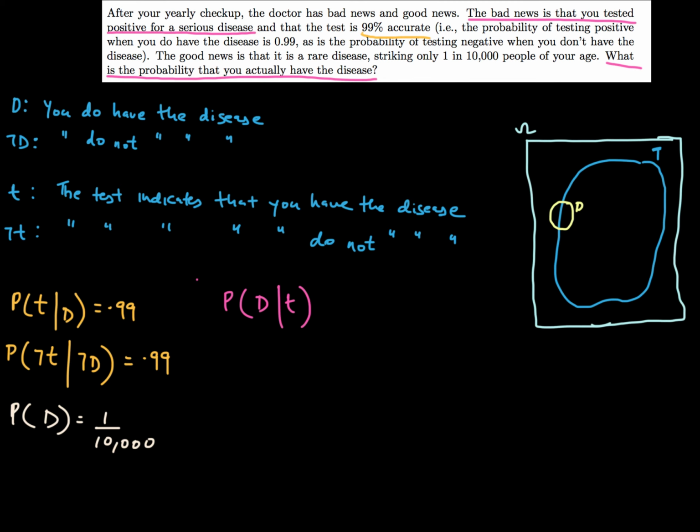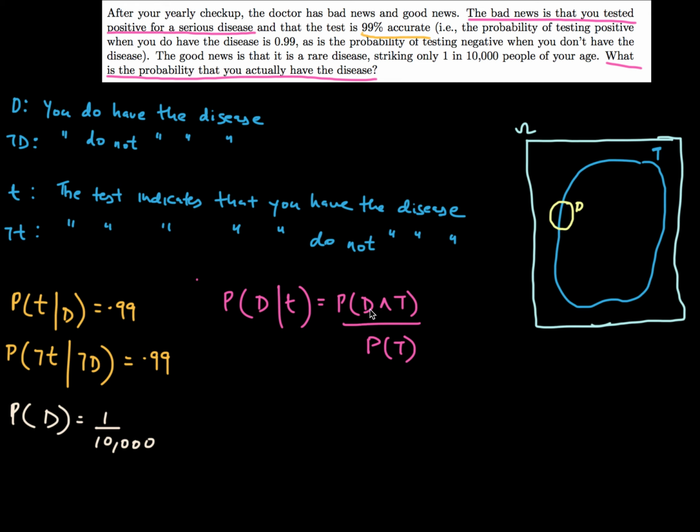Now, what is this entire piece equal to? From lecture, we remember that this is equal to the joint probability distribution of D and T over the probability of T. I'm just applying the conditional probability equation.